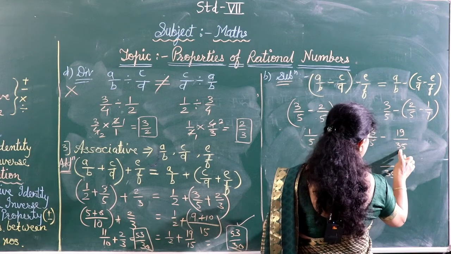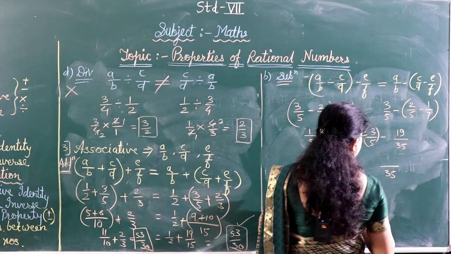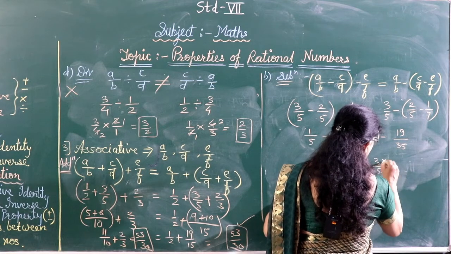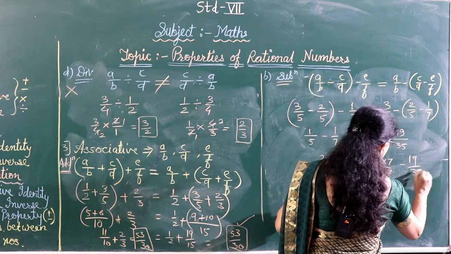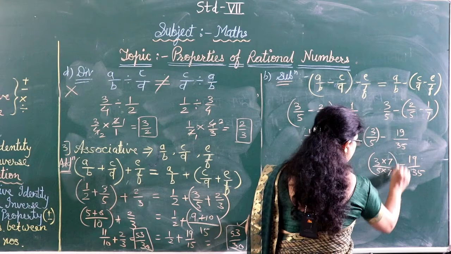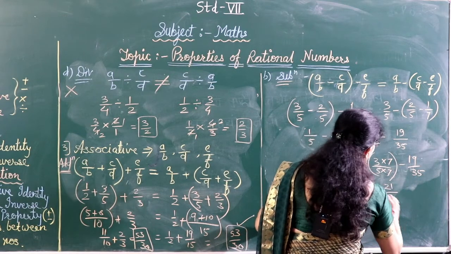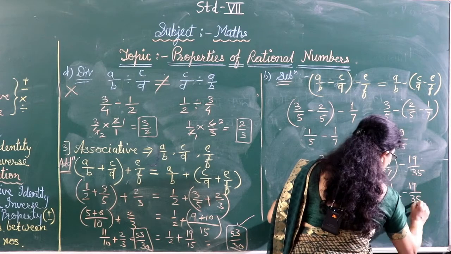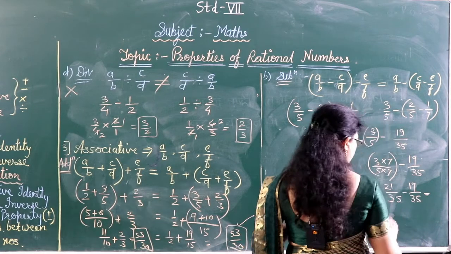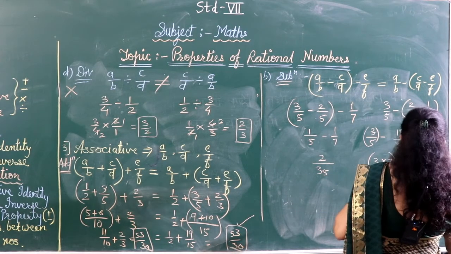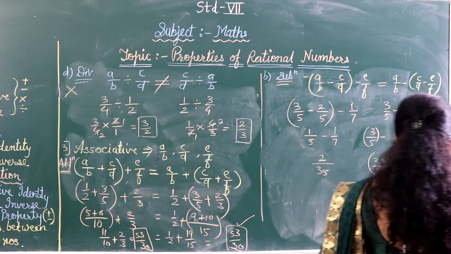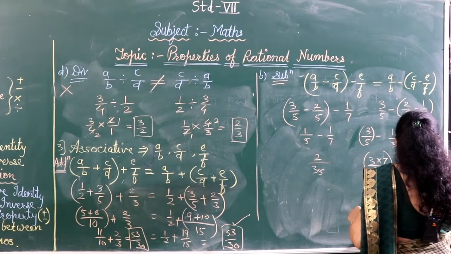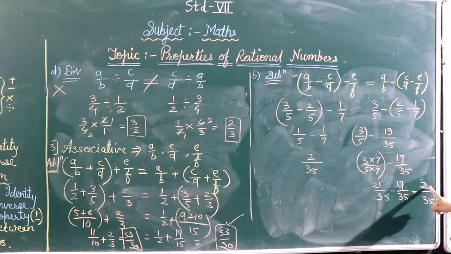So 3 by 5 into 7 over 7, minus 19 upon 35. 7 3s are 21 upon 35 minus 19 upon 35. Denominator same, so 21 minus 19 comes 2.